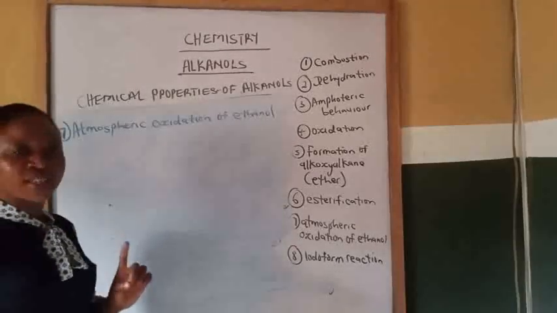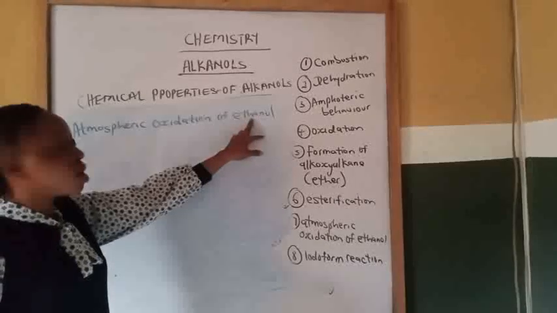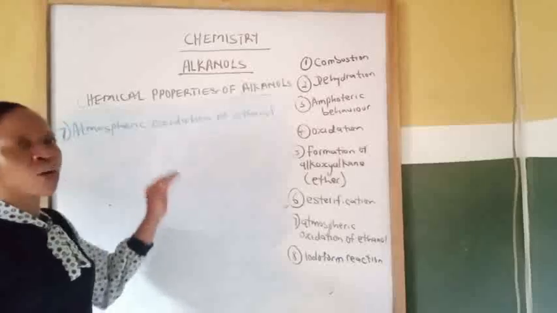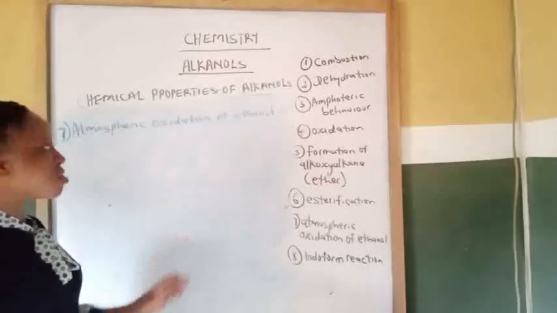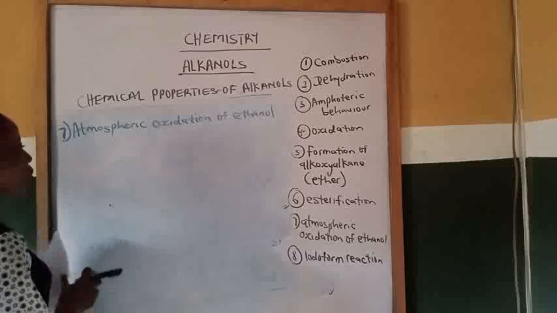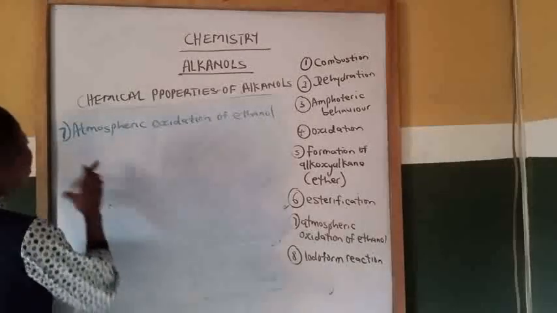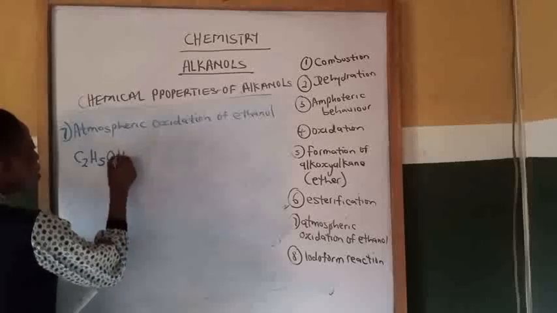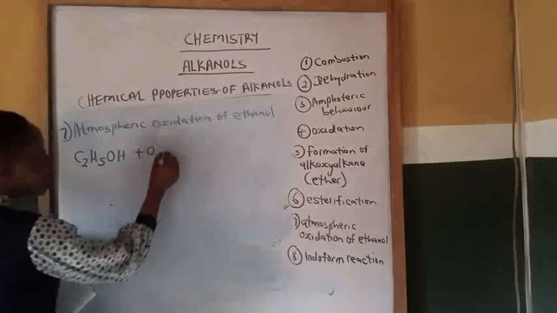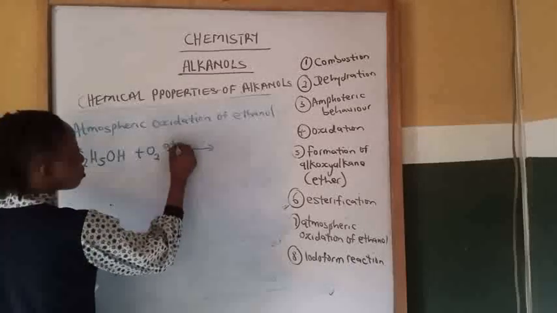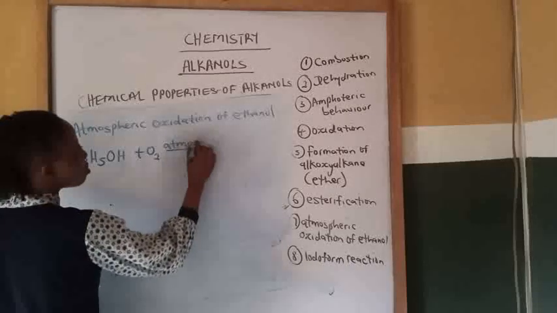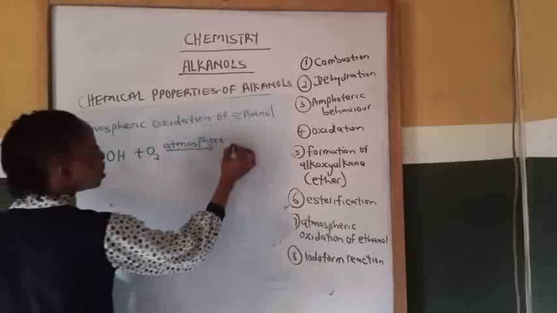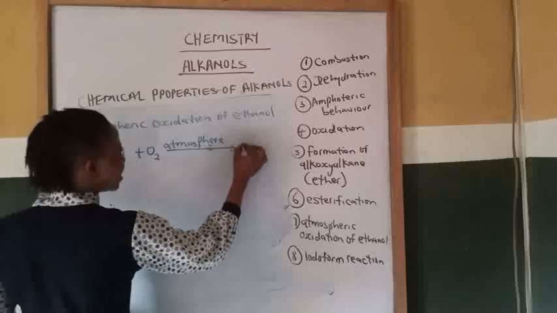Truly, the combustion reaction of ethanol is a reaction between ethanol and oxygen. But this time around, we are using atmospheric oxygen in the presence of bacteria. So when ethanol, which is C2H5OH, reacts with atmospheric oxygen, it will convert it to ethanoic acid.